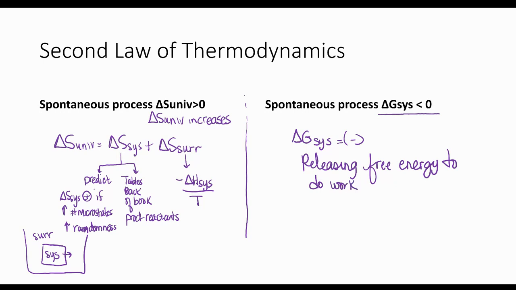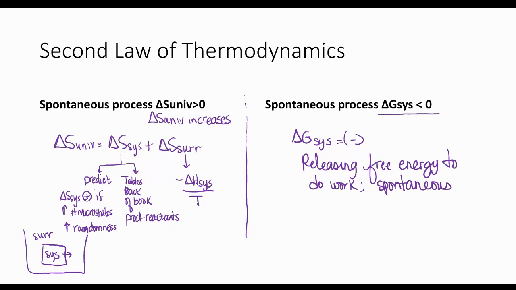And so that process is spontaneous. So I love the example of your cell phone battery, the lithium-ion battery. It's releasing free energy to do work, to power your telephone all day.